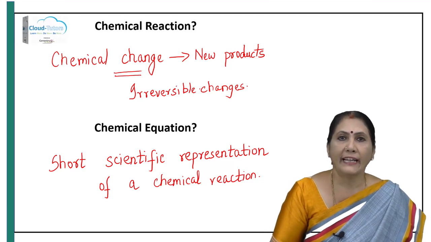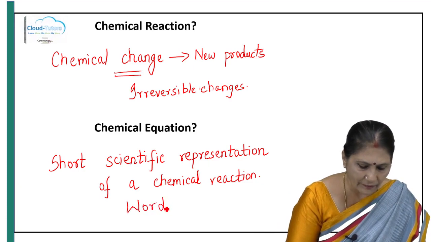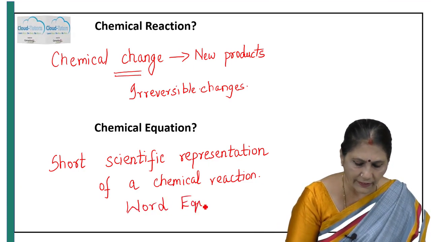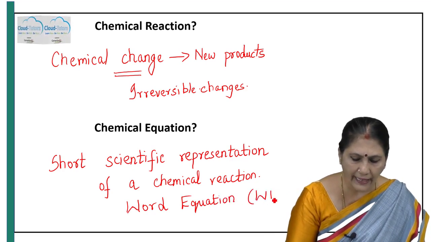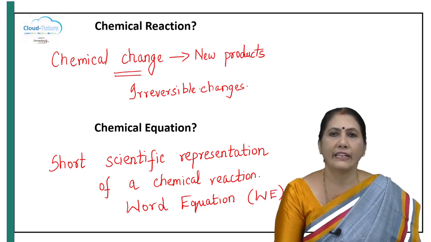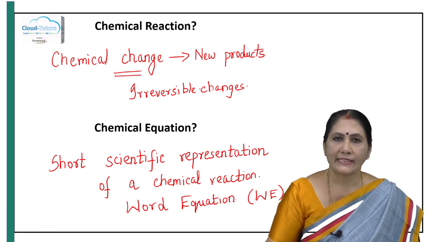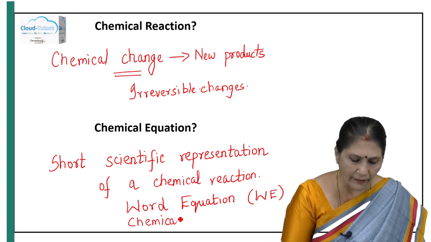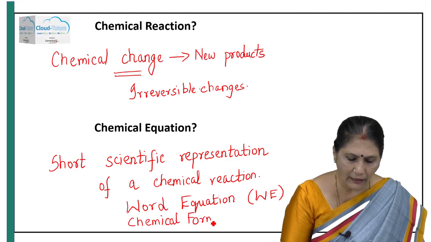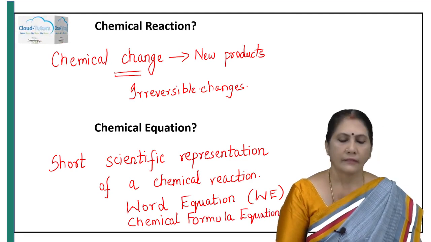Generally, chemical equations we can write as a word equation. In short, you write it as WE, word equation. But sometimes in the board exams, you can see the chemical formula equation given.